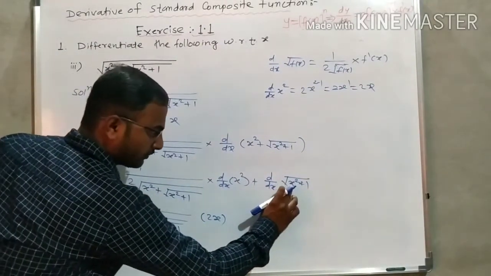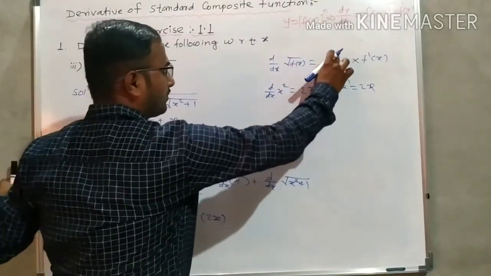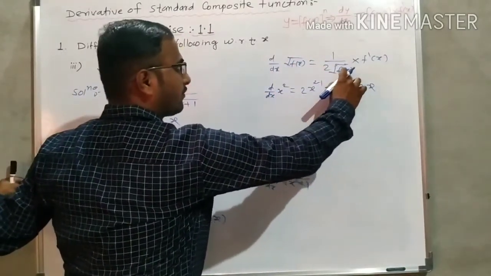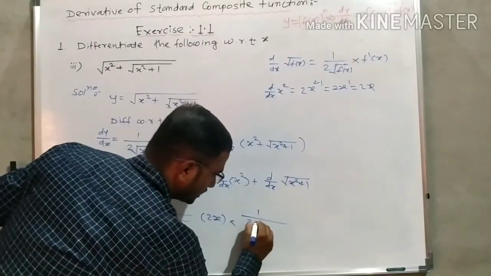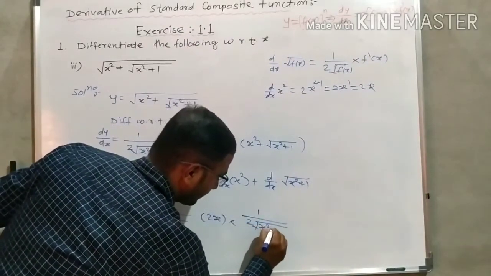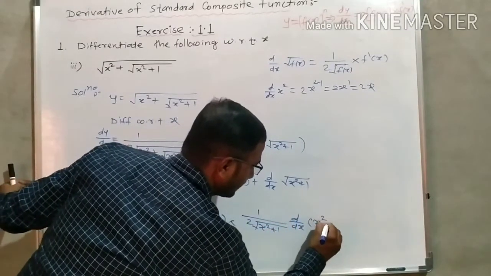Derivative of square root of x square plus 1: the derivative of square root of f of x is 1 upon 2 square root of f of x into f dash of x. So 1 upon 2 square root of x square plus 1 into the derivative of x square plus 1.